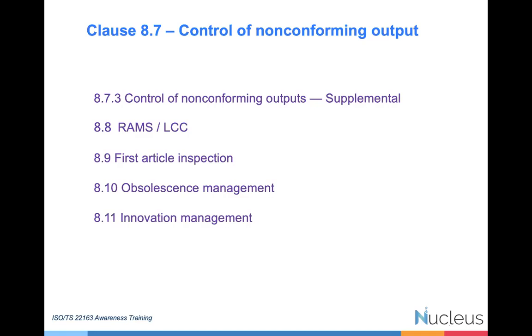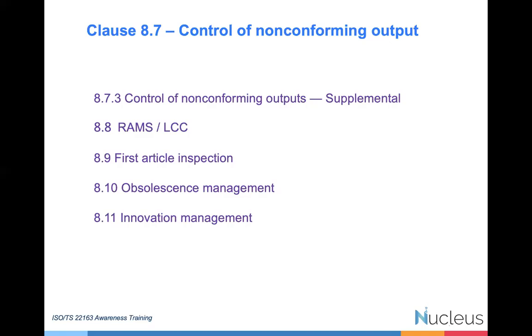Then how about first article inspection? FAI, who will be the process owner? Some people misinterpret this term, first article inspection. This is not setting inspection or first-off inspection. This is first article. This is different from PPAP.